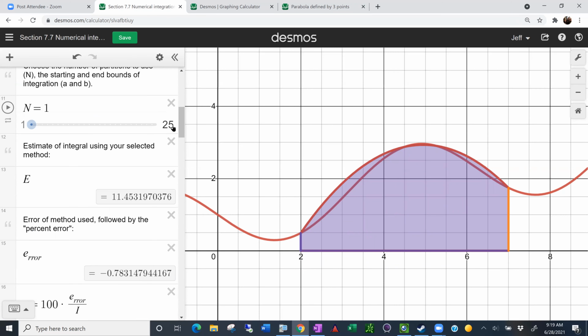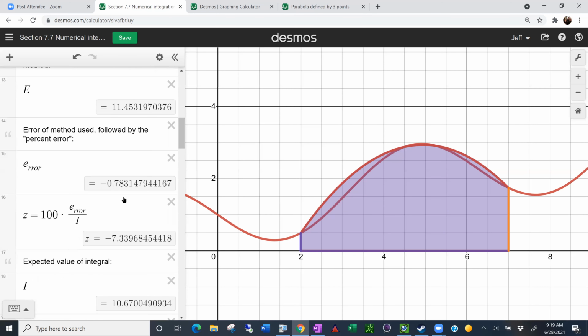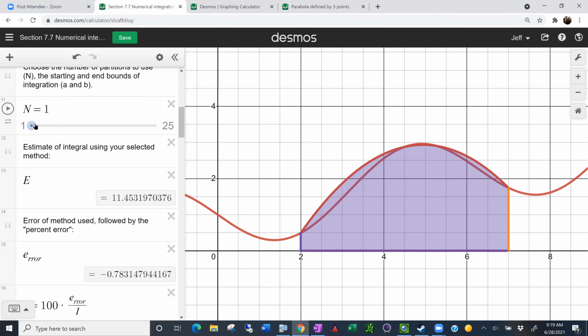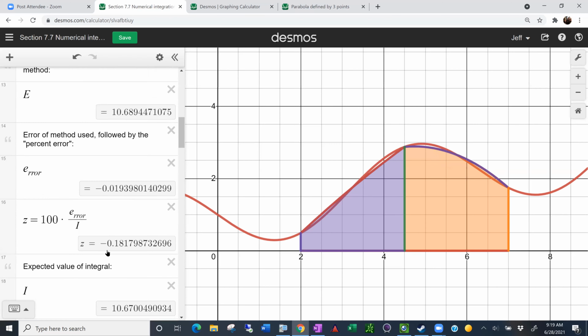And even with just 1 parabola, 1 interval, well, 8%. That's not so great. Let's dial it up. We'll see what happens to the error. Well, with 2 parabolas, wow. Now you're less than 0.2% error in your estimate with just 2 intervals. That's pretty outstanding.